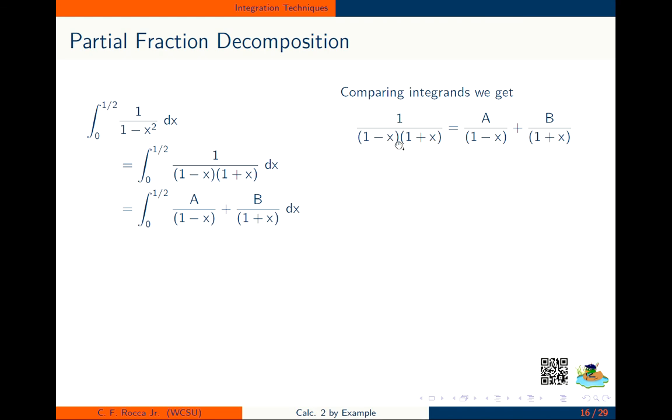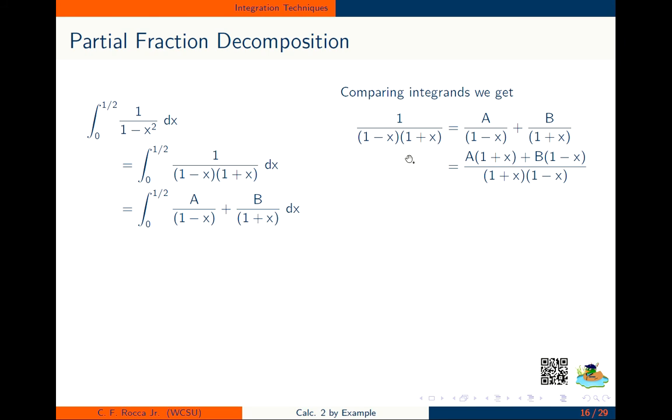So I want 1 over 1 minus x times 1 plus x to match the constant a over 1 minus x plus the constant b over 1 plus x. If we imagine finding a common denominator on the right-hand side, we would rewrite this as a times 1 plus x plus b times 1 minus x over the quantity 1 plus x times 1 minus x.